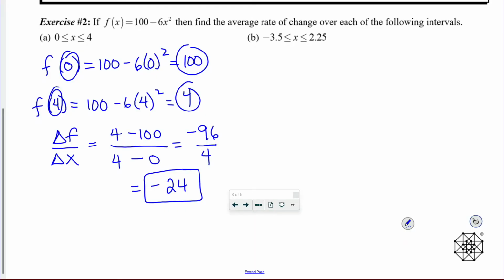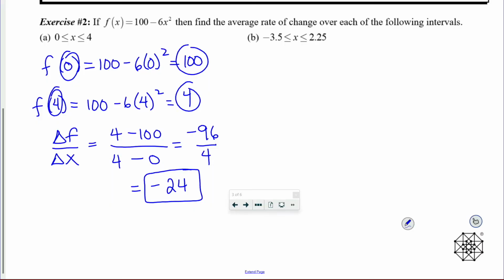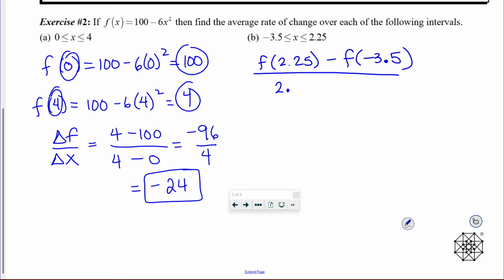In letter B, we want the average rate of change as x goes from negative 3.5 to 2.25. Keep in mind, what we're really doing here is we want the function at 2.25 minus the function at negative 3.5, all divided by 2.25 minus negative 3.5.